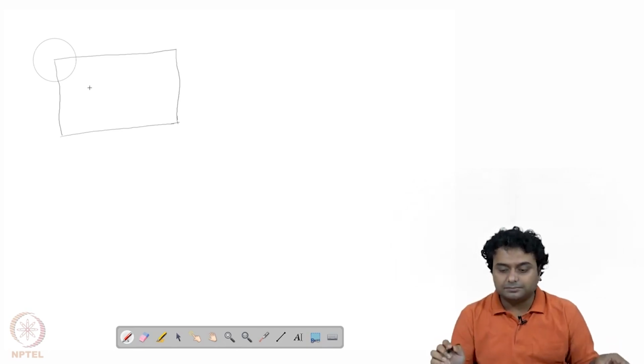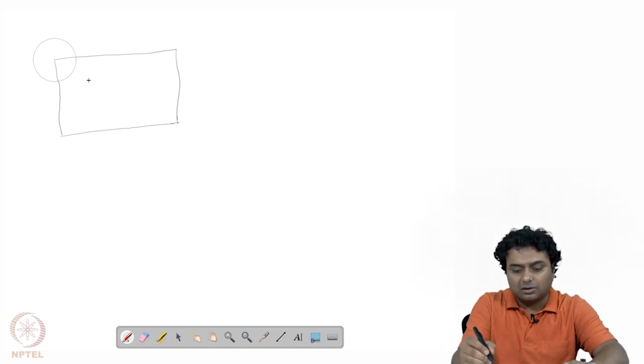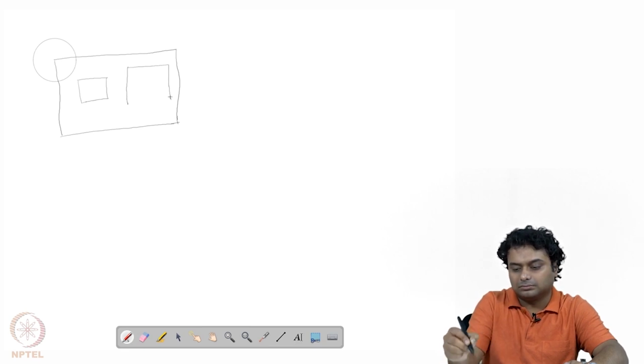Let's say you need a particular structure. This is the top view, this is a silicon wafer, and there we need two square wells. One big, one small, two square wells.